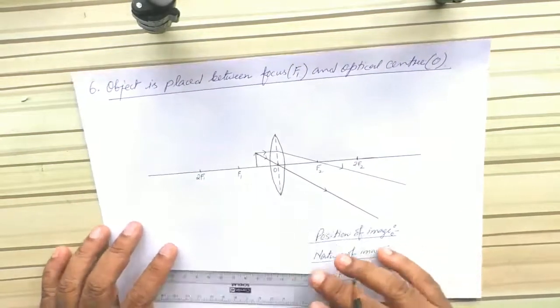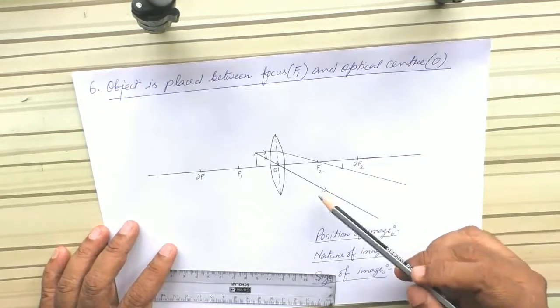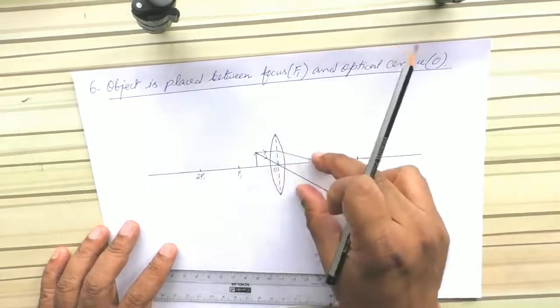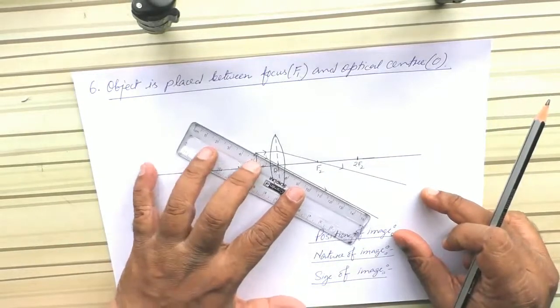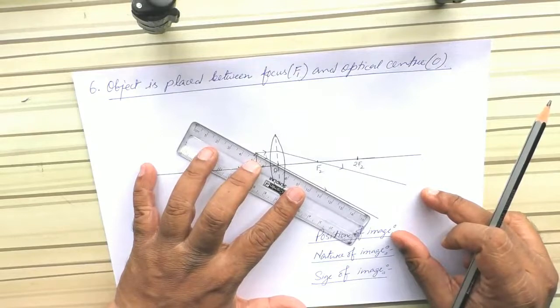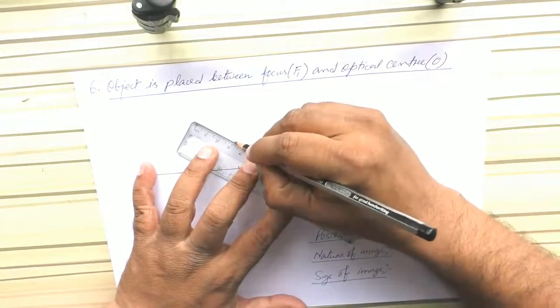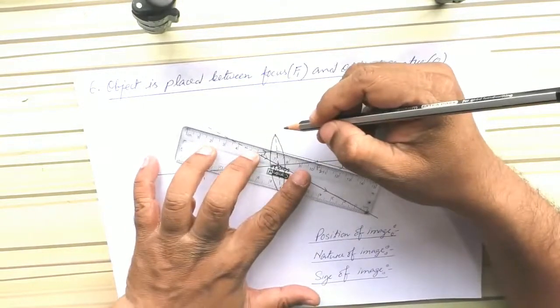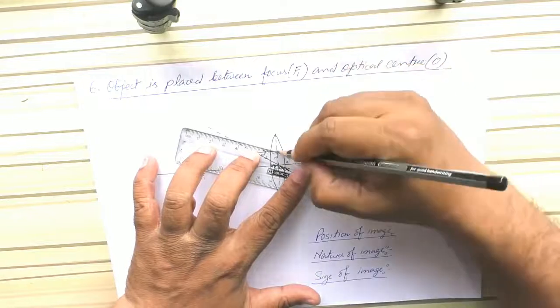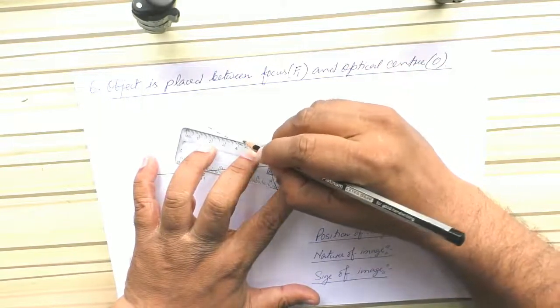So you see that these two refracted rays are diverging in nature, and if you produce them back, the light rays appear to diverge from a point.